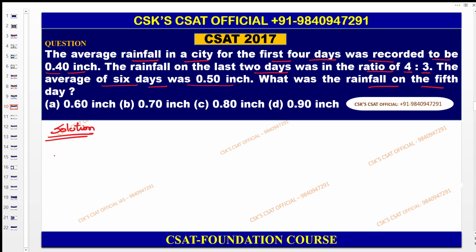They have provided here the average rainfall of 6 days is equal to 0.5 inch. So therefore the sum of 6 days is equal to 0.5 into 6, which is equal to 3 inch.